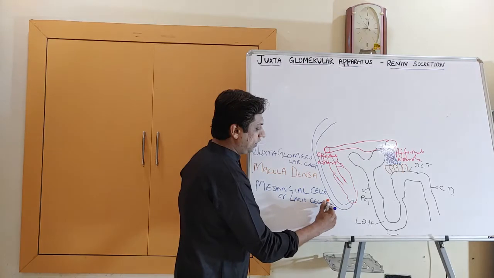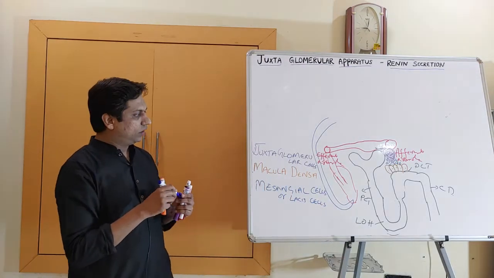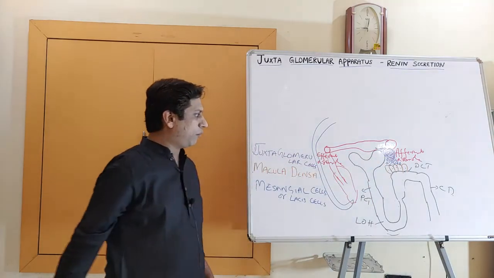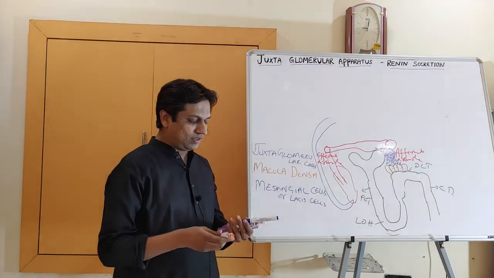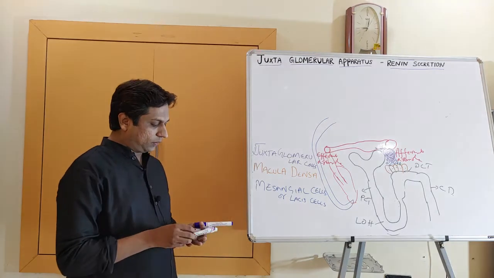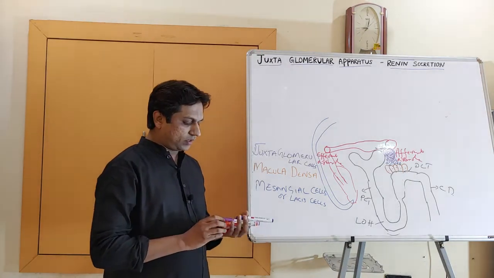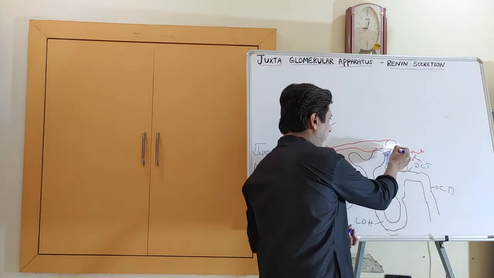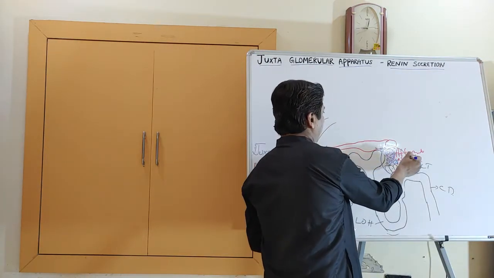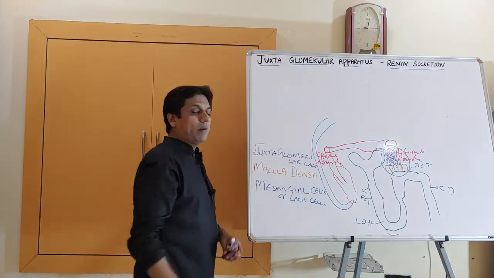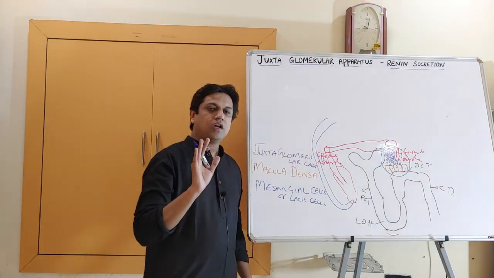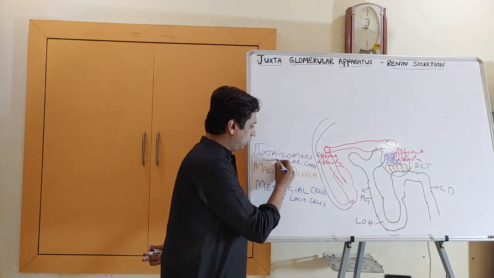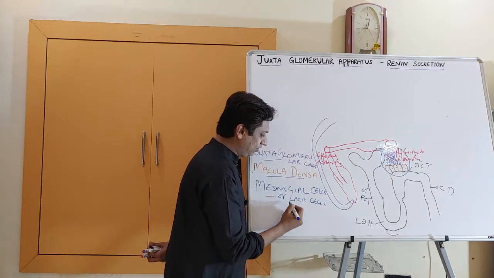So these three structures together, the juxtaglomerular cells, macula densa, and the supporting cells in between, the mesangial cells, this structure is labeled as the juxtaglomerular apparatus. So what does the juxtaglomerular apparatus consist of? It consists of three structures: juxtaglomerular cells, macula densa, and mesangial cells.